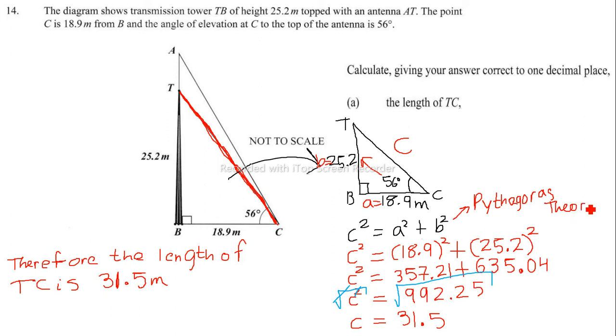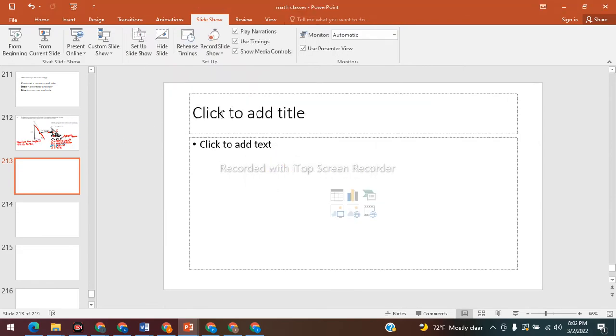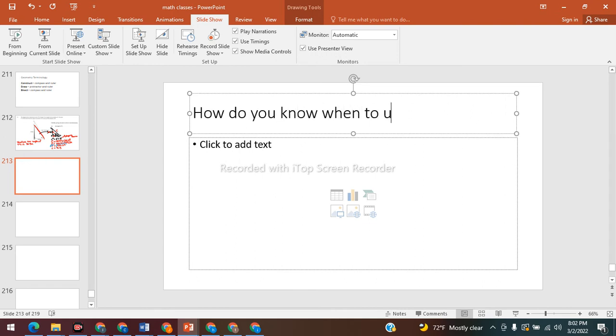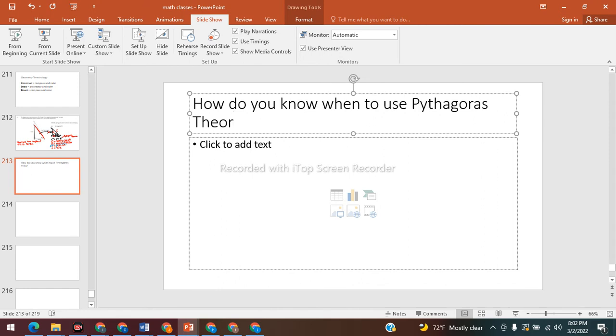And so now one thing about Pythagoras Theorem, I'm going to tell you the criteria. How do you know when to use Pythagoras? The first thing is that it's very easy.